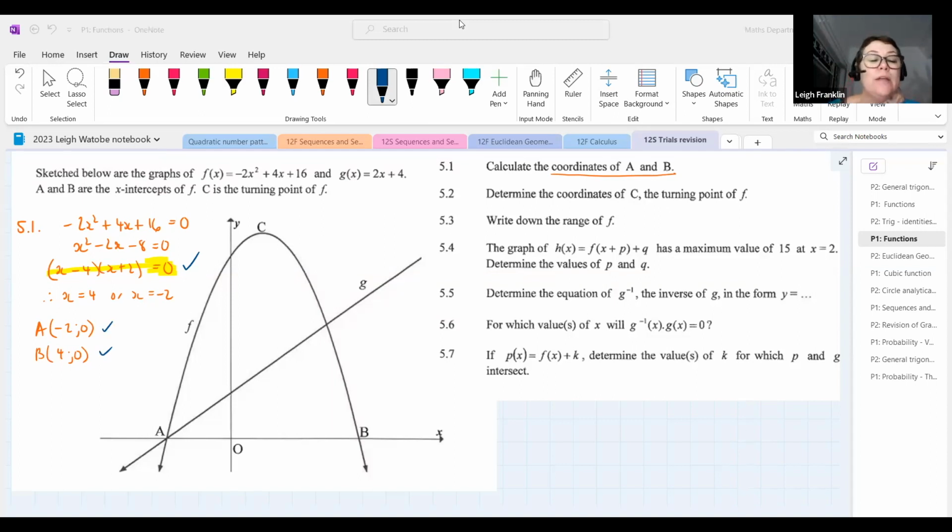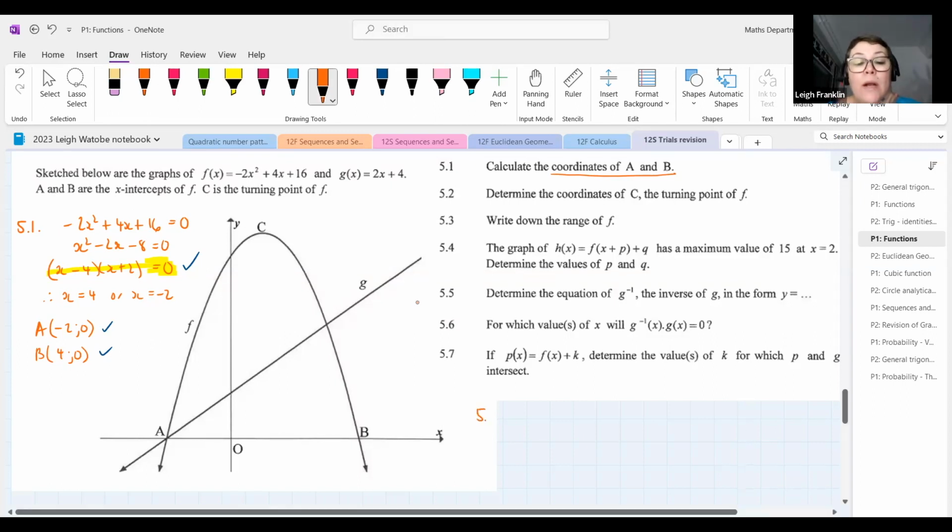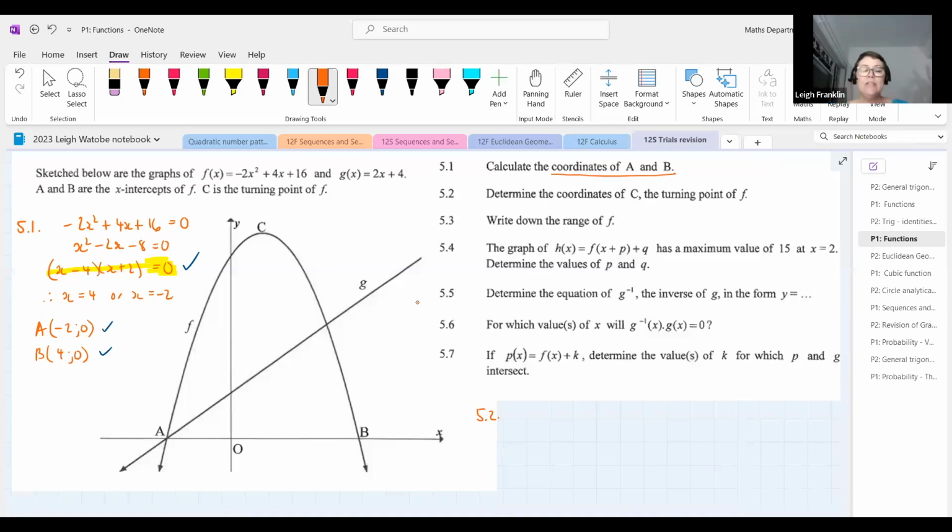Cool beans. Okay, so a lot of you are sending through the answer for 5.2. That's very nice. Well done. What I just wanted to discuss with you very quickly, and all the answers I've received so far are perfectly correct, is the number of different ways in which we can work out the coordinates at C. Perhaps the most obvious method would be to use x equals -b over 2a.